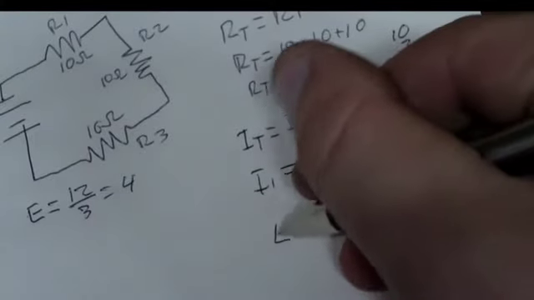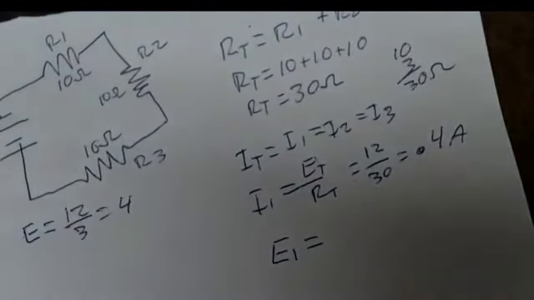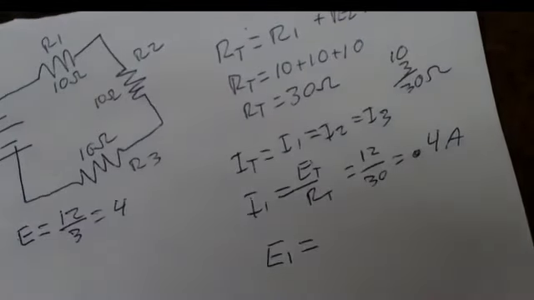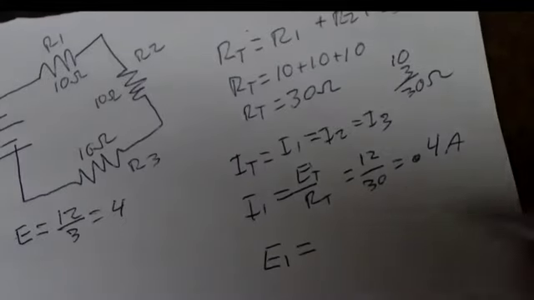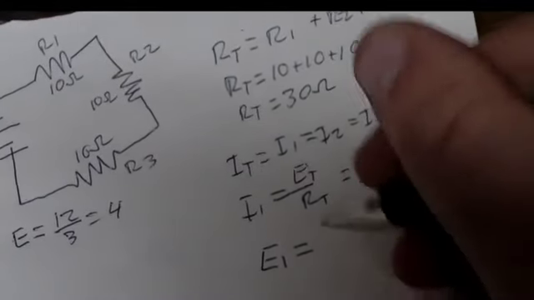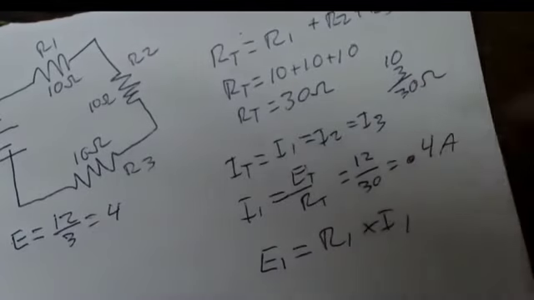Now here's your other way to find your voltage across each resistor. You got E1, and since you know I and R, look in the book here. You can find your voltage, which is R1 times I1.